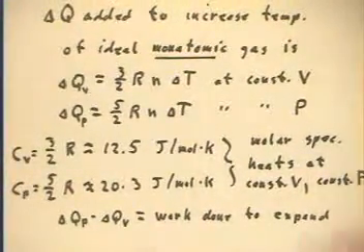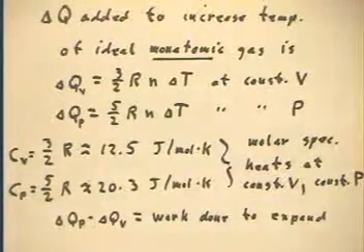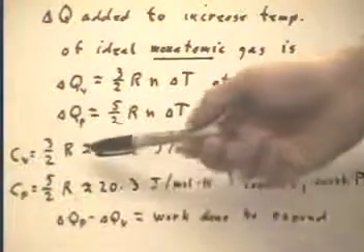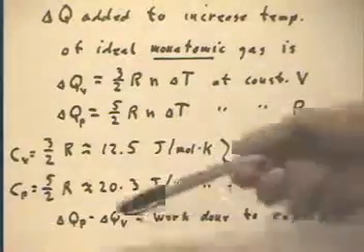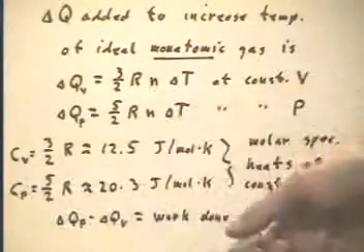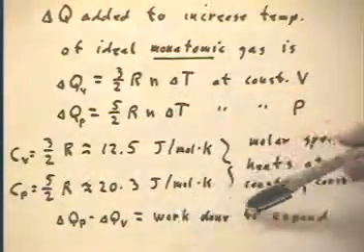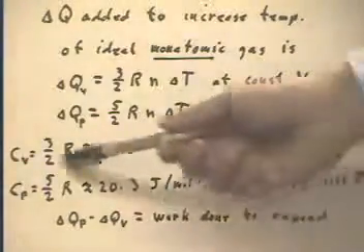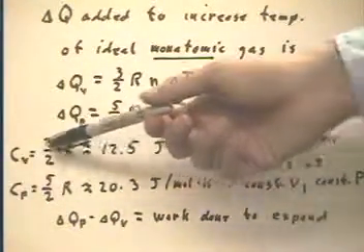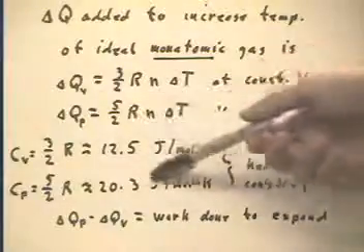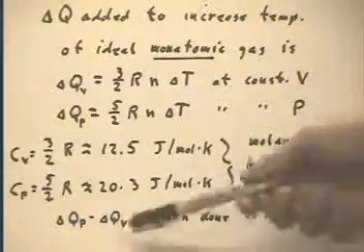And we give those terms names, well, symbols. It's very standard to use C sub V to stand for the molar specific heat at constant volume, and C sub P to stand for the molar specific heat at constant pressure. The molar specific heat at constant volume, 3/2 R, turns out to be about 12.5 joules per mole Kelvin.